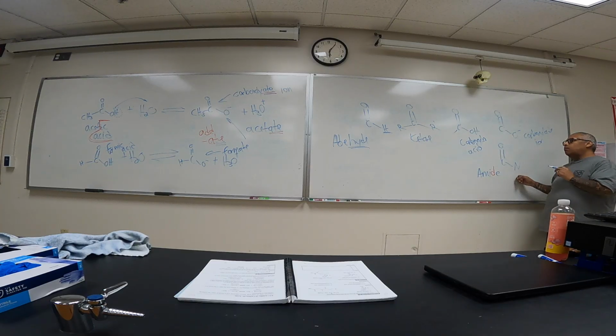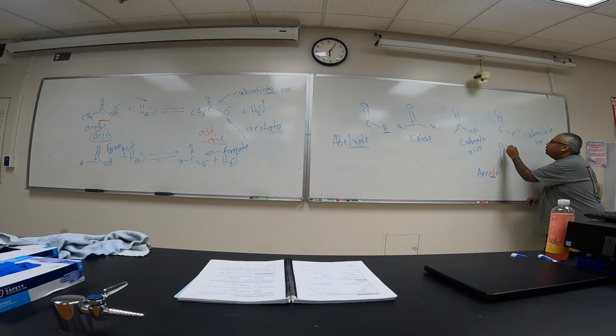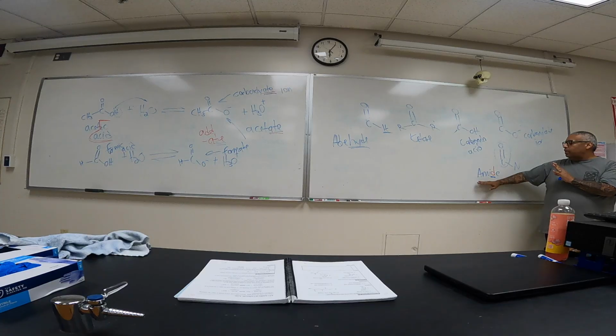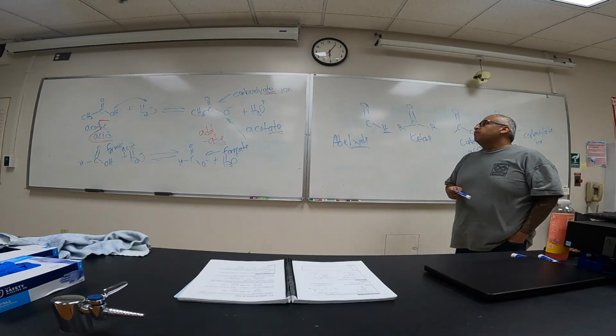An amide, ammonia, there's a nitrogen here. But I'm also looking for the D here that contains this double bond, because there's another functional group that we call an amine, and I don't want to mix it up with an amine. For an amide, I'm specifically looking for this double bond. If it doesn't have this double bond with the nitrogen, then I know it's my amine. But amide, D, got to have that double bond.